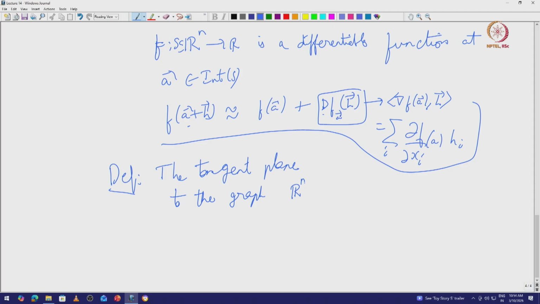It's a subset, rather than looking at it as a map. The graph of f is a subset of R^n cross R consisting of (x, f(x)). Right, so this is x_{n+1}.